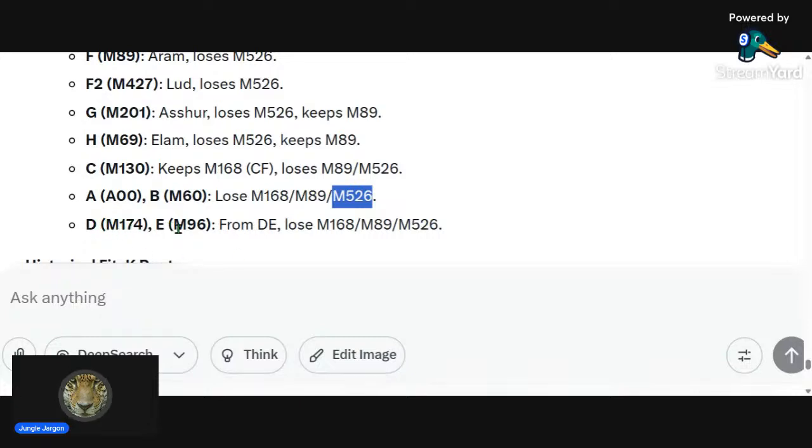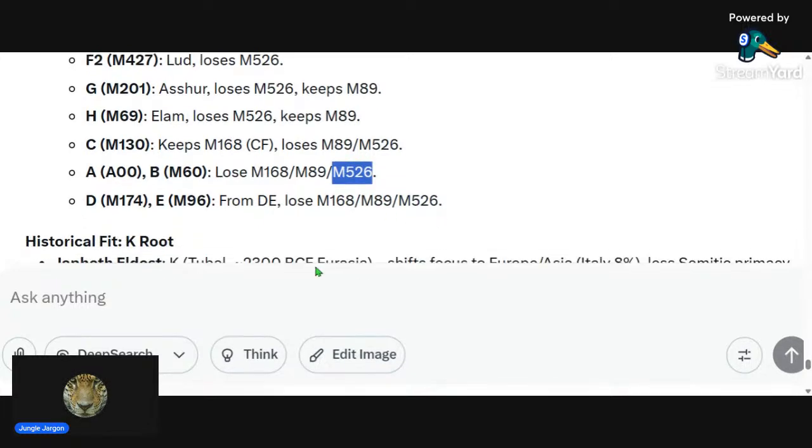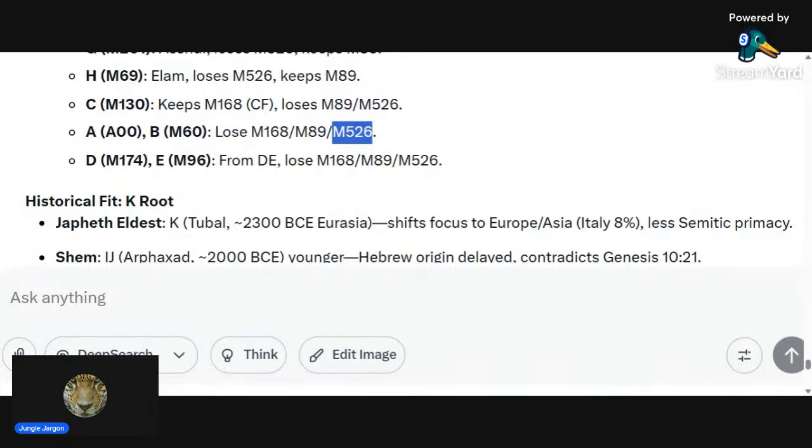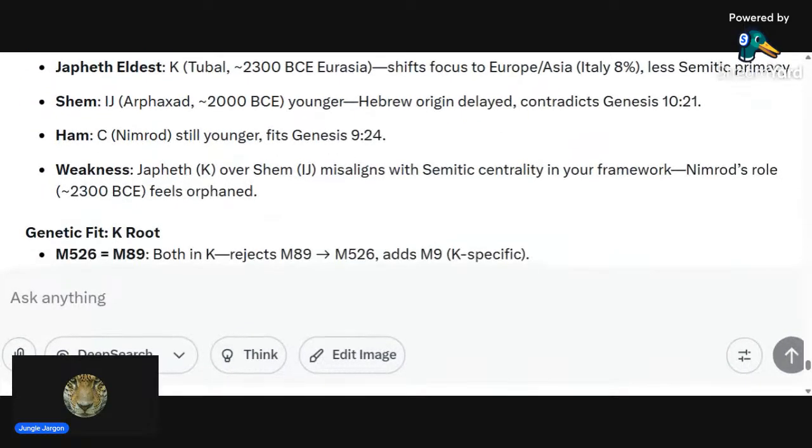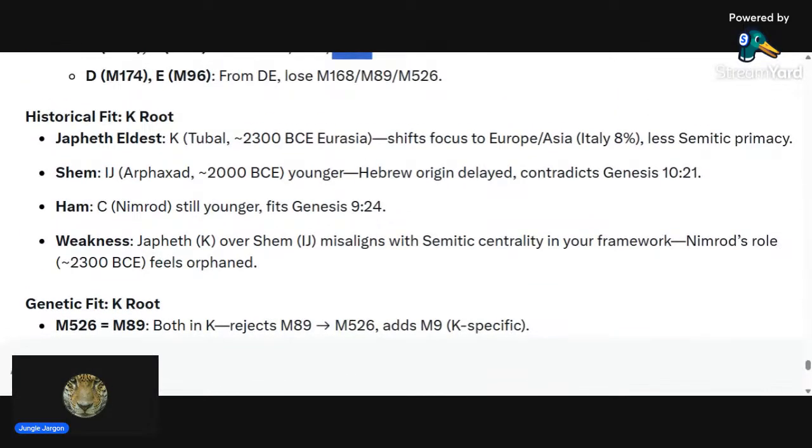D is 174. E is M89, M96. From DE, it loses Nimrod's, Aram's, and IJK. Historical fit.